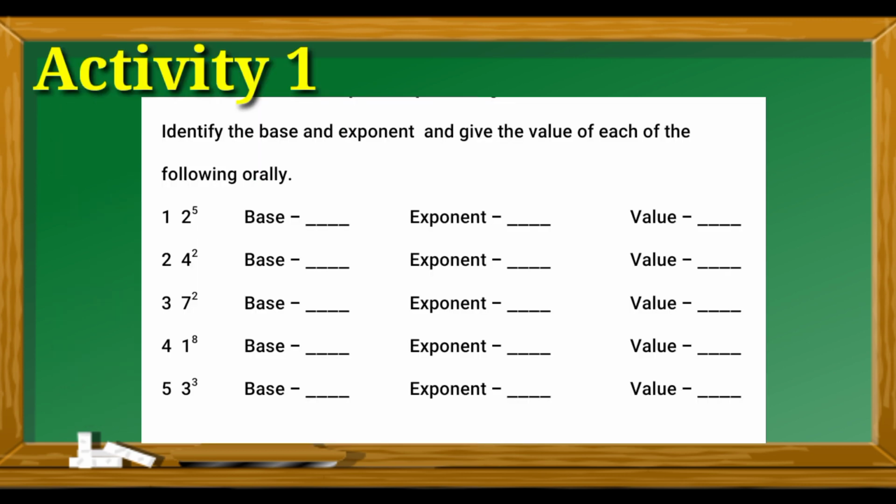Did you understand the lesson? Let's now have activity number 1. Identify the base and exponent and give the value of each of the following orally. Number 1, 2 to the fifth power. Number 2, 4 to the second power. Number 3, 7 to the second power. Number 4, 1 to the eighth power.